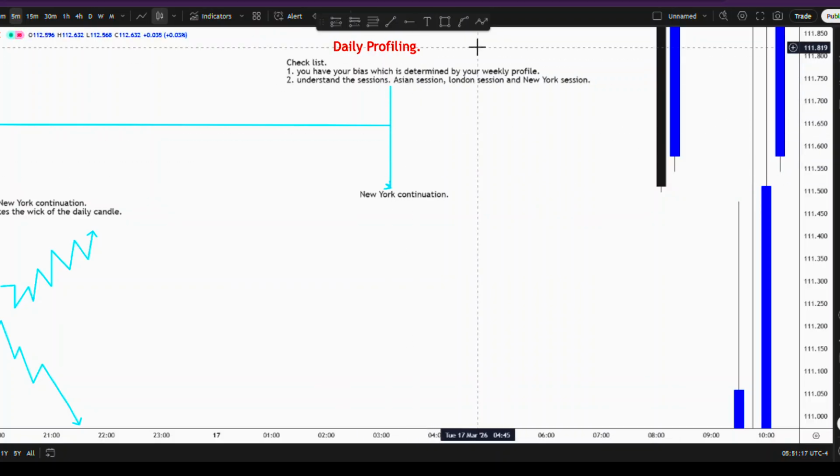So in this case, the rule of the New York session is to trade the expansion following the reversal.